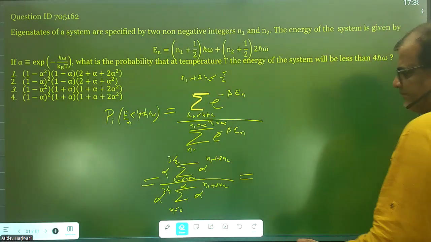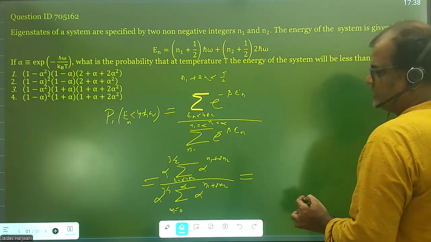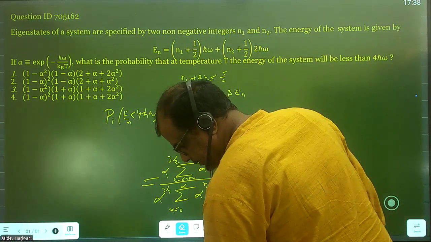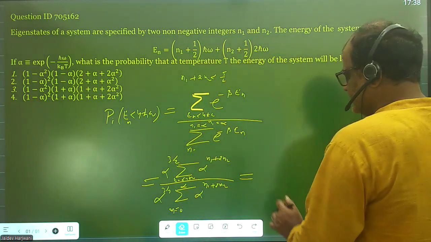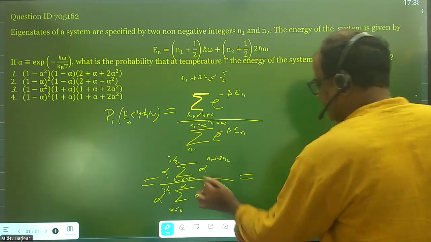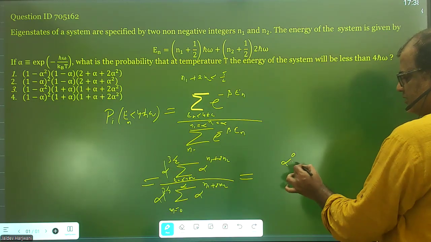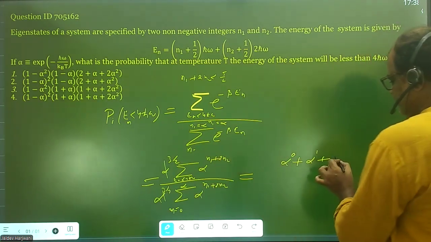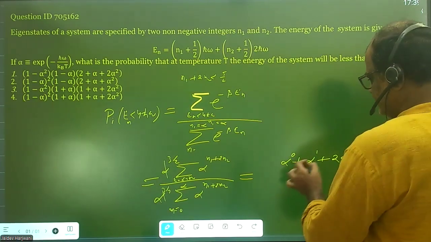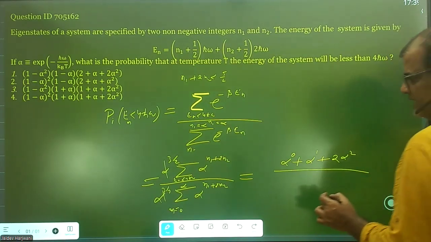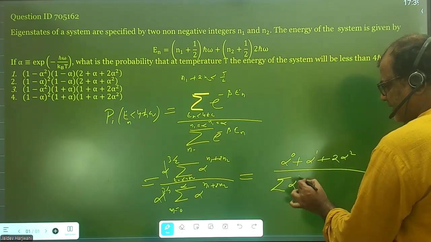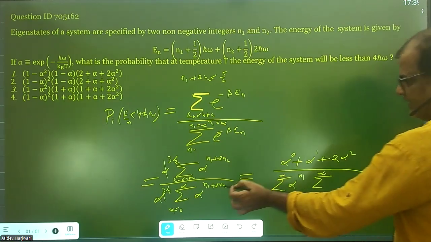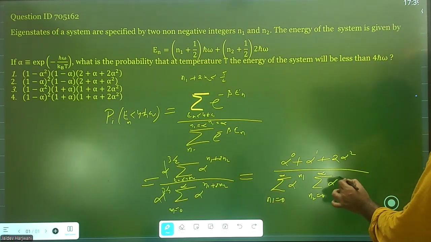Let us solve it one step further. There are a total of four cases. One case gives alpha to the power 0, another gives alpha to the power 1, and the case of 2 can occur in two ways, giving 2 alpha squared. At the bottom, alpha^n1 with n1 from 0 to infinity, and alpha^(2n2) with n2 from 0 to infinity, gives alpha squared terms.